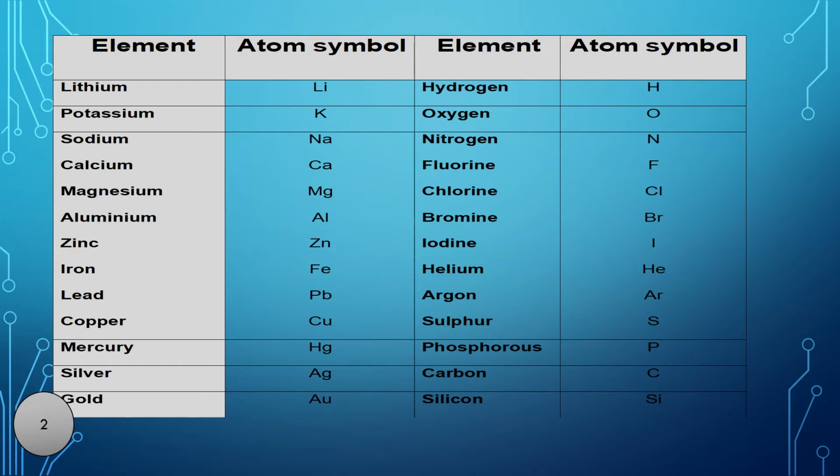Lithium Li, potassium K, sodium Na, calcium Ca, magnesium Mg, aluminium Al, zinc Zn, iron Fe, lead Pb, copper Cu, mercury Hg, silver Ag, gold Au, hydrogen H, oxygen O, nitrogen N, fluorine F, chlorine Cl, bromine Br, iodine I, helium He, argon Ar, sulfur S, phosphorus B, carbon C, and silicon Si.